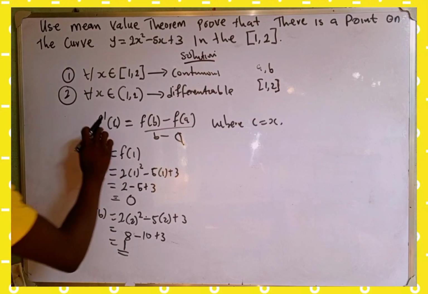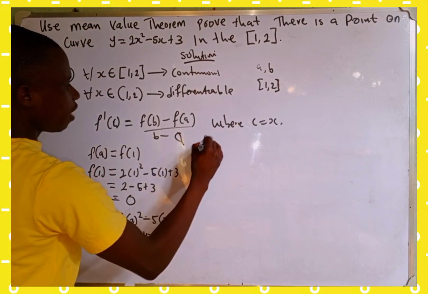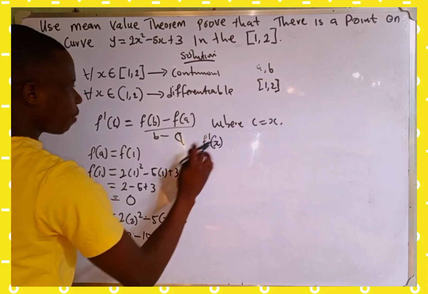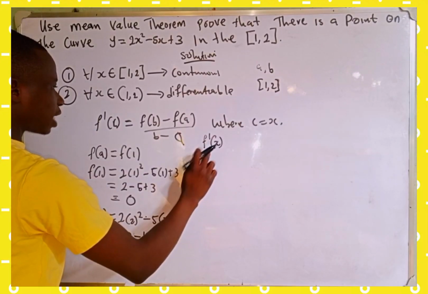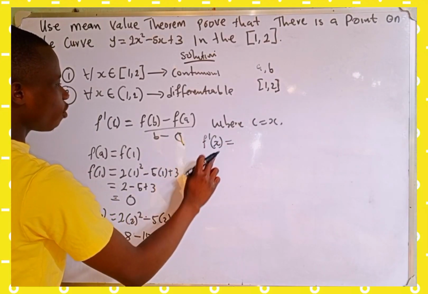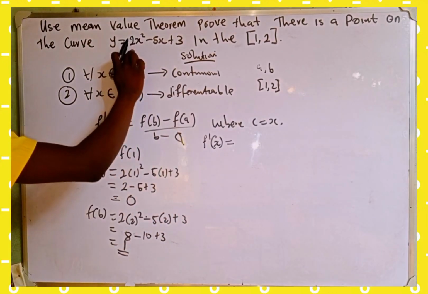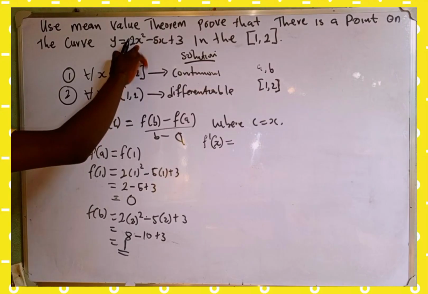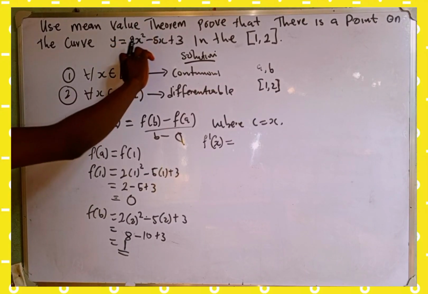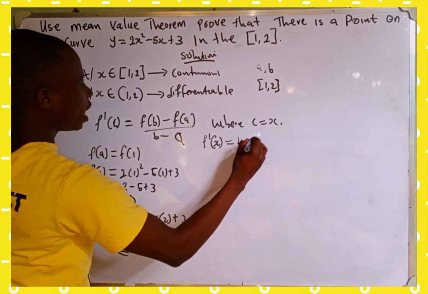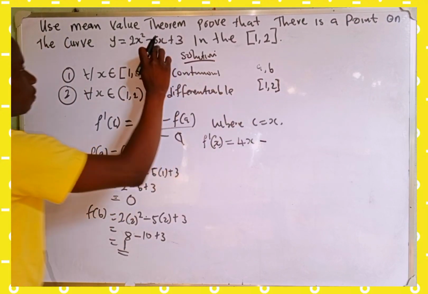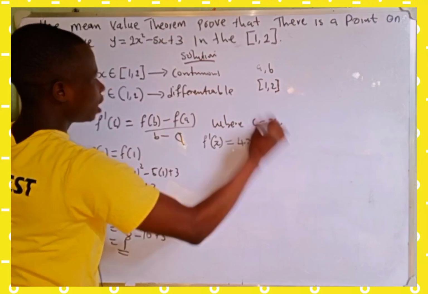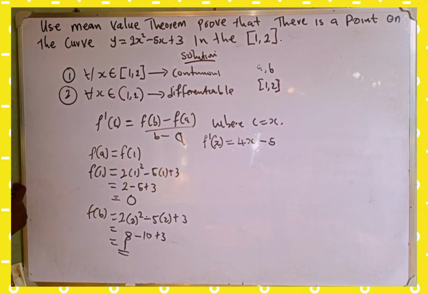Now, f prime of c is the same as f prime of x because c is equal to x. Now we're going to look at f prime of x. We are going to differentiate this function once. If you differentiate this polynomial function, the derivative of 2x squared is 4x, then minus the derivative of 5x, which is 5, and the derivative of a constant is equal to 0.